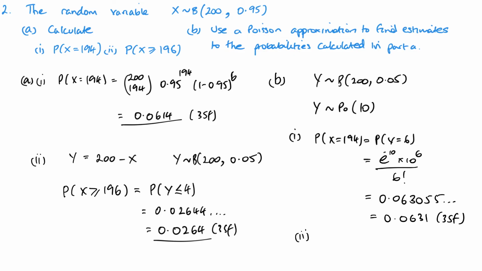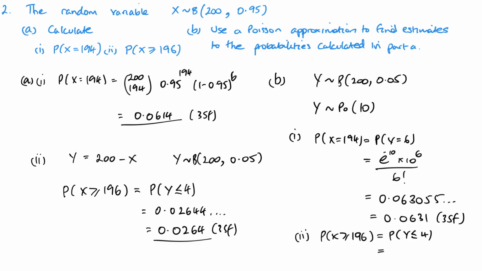And then when I look at part 2, we're looking at when X is greater than or equal to 196. So we are looking at this being the same as when Y is less than or equal to 4, as we're going obviously in the opposite direction.